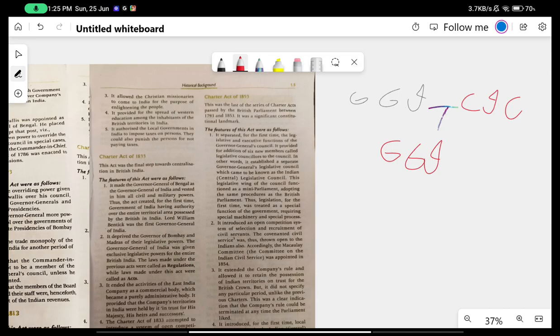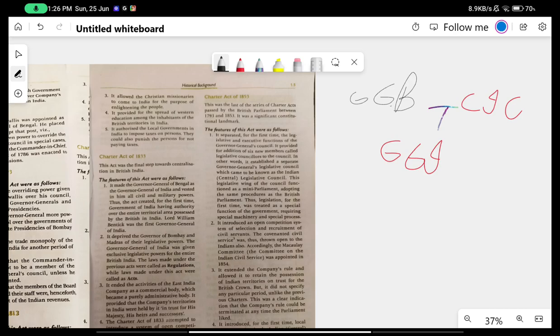So they basically combined the powers of the Governor General of Bengal and the powers of Commander in Chief into one, known as the Governor General of India. Governor General of Bengal plus Commander in Chief will form Governor General of India.